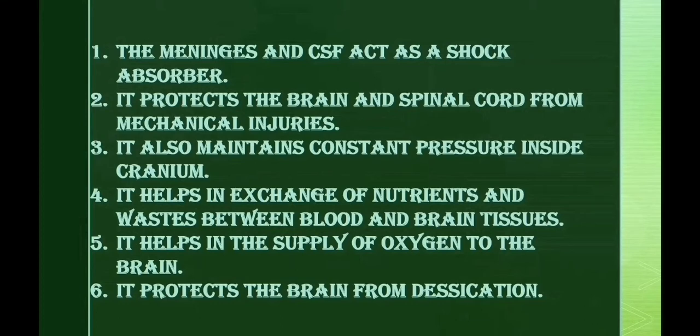Second, it protects the brain and spinal cord from mechanical injuries. Because of this, there will be no injury to the brain or spinal cord. Then it maintains constant pressure inside the cranium.